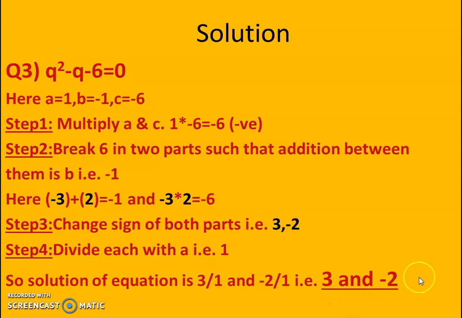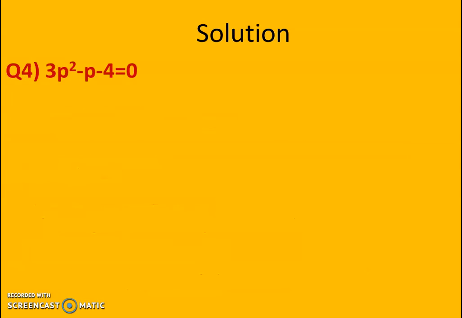So 3 and -2 are the solution of this particular quadratic equation, right? So when we practice this type of question we can easily solve and we can get the result within few seconds, right? Next quadratic equation we have is 3p square minus p minus 4 equals to 0.